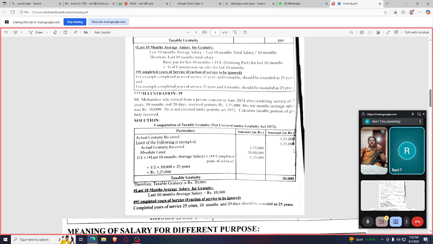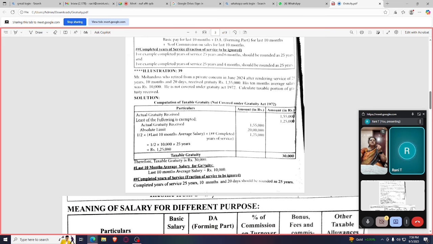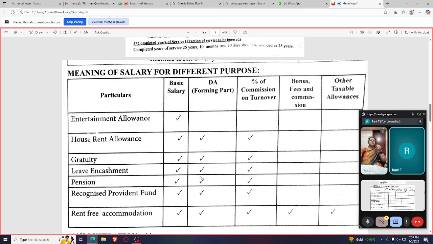So, take and write in the outer column that this is the exempted gratuity, and from the actual gratuity 1,55,000 you reduce 1,25,000, so that 30,000 is the taxable gratuity. And these are the things which are given here as workings.